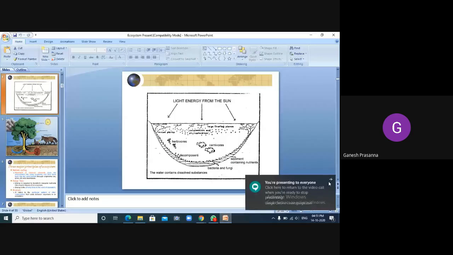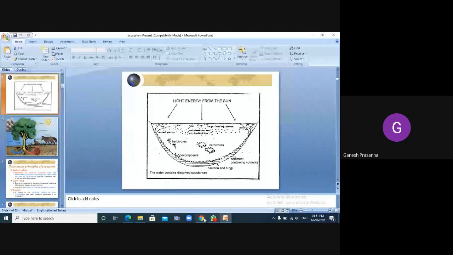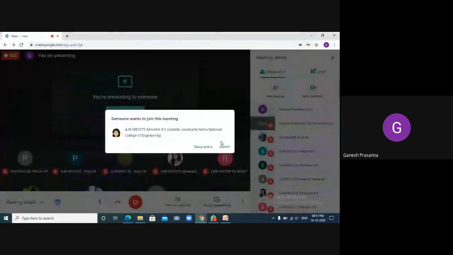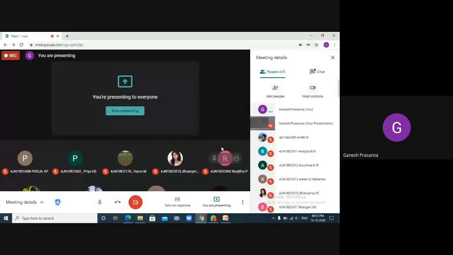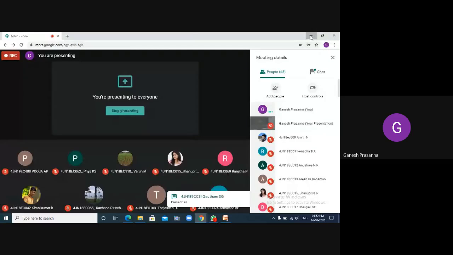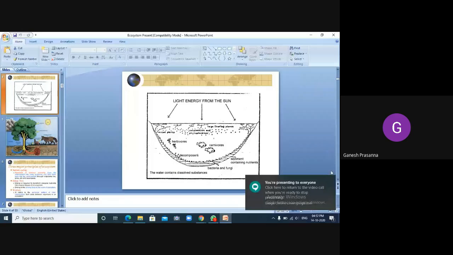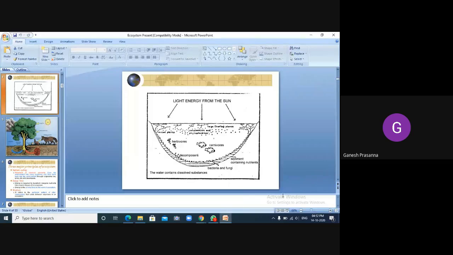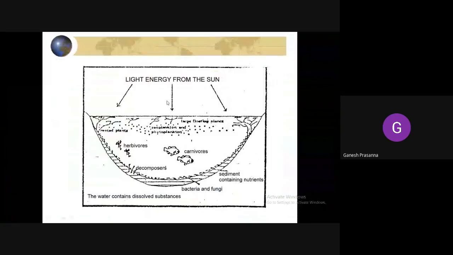Okay, here you can see that the sun is the main source of energy, from which a lot of energy, sunlight and radiation is being emitted.